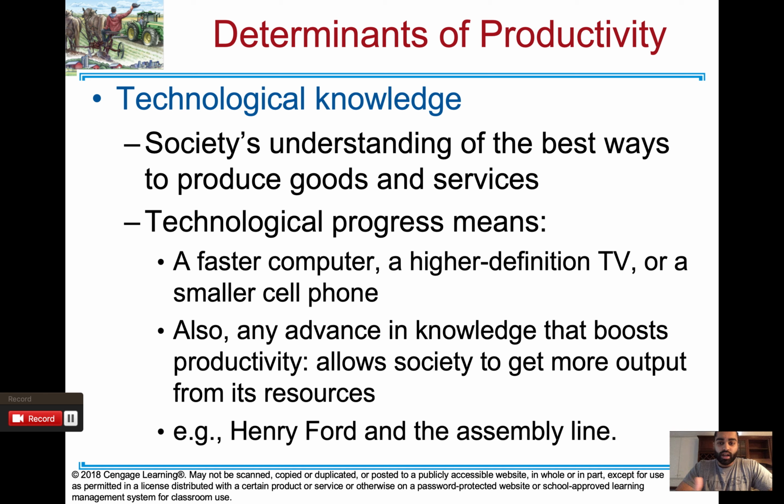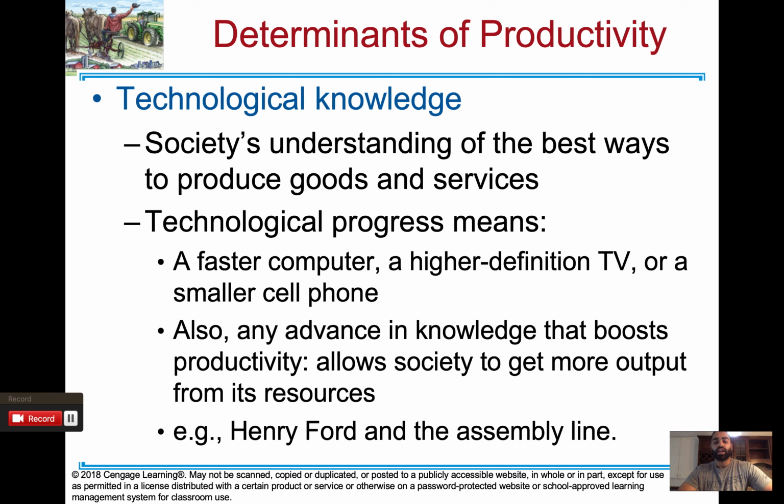So technological progress means a faster computer, higher definition TV, or a smaller cell phone. This is because we understand how this technology works. We understand it and we can make improvements, and over time, this helps us in the long run. We can produce more. An example of this would be an advance in knowledge that boosts productivity, allowing society to get more output from its resources.